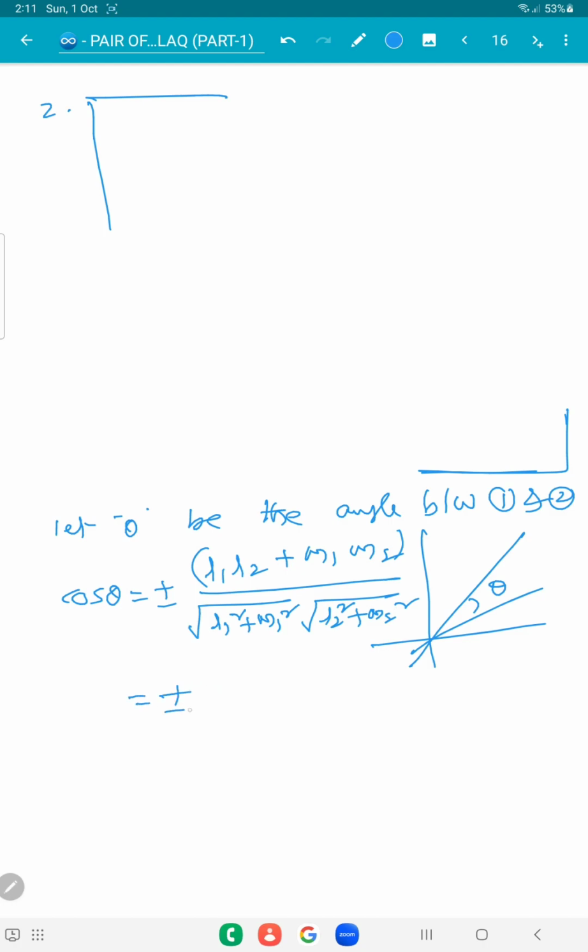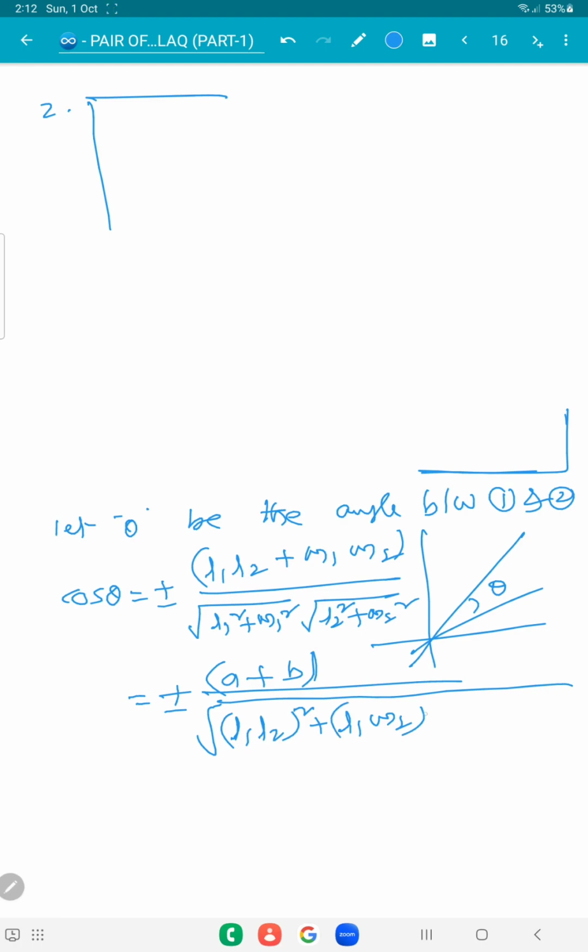So that is equal to plus or minus (L1 L2 plus M1 M2 is A plus B), A plus B by root of, the denominator is the same as the previous question: (L1 L2) whole square plus (L1 M2) whole square plus (L2 M1) whole square plus (M1 M2) whole square. Same thing I am writing directly because we discussed it previously.